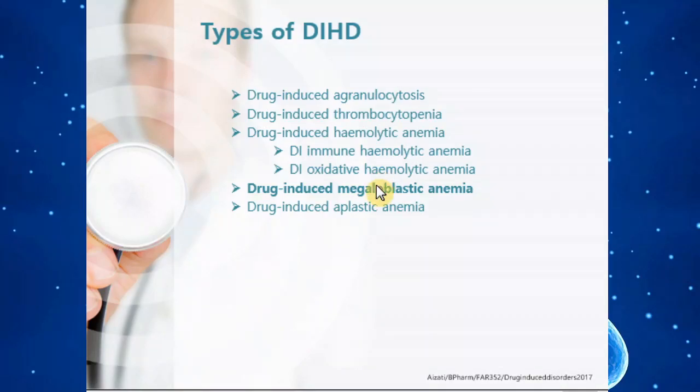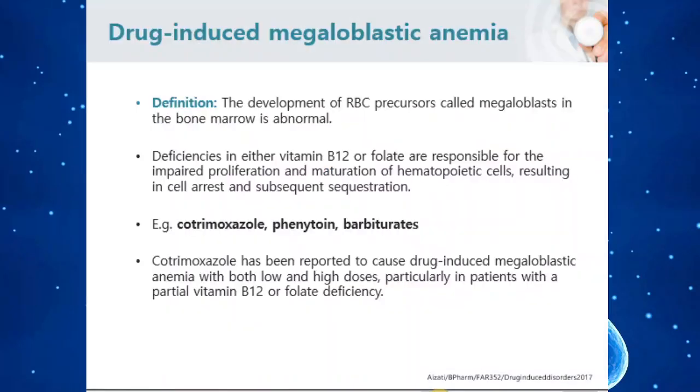So next is drug-induced megaloblastic anemia. This is when the development of RBC precursors called megaloblasts in the bone marrow is abnormal. It can be caused by a deficiency in either vitamin B12 or folate.